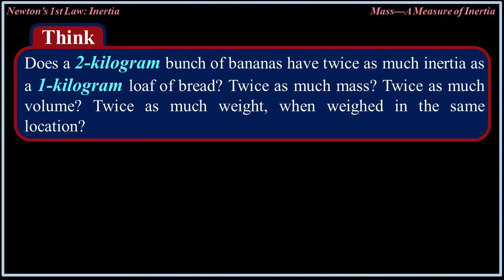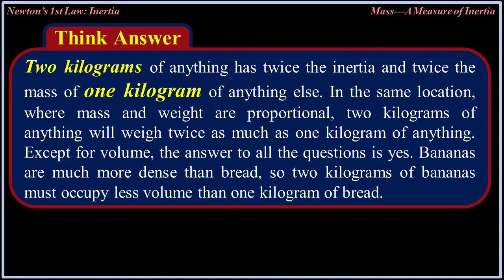Does a 2-kilogram bunch of bananas have twice as much inertia as a 1-kilogram loaf of bread? Twice as much mass, twice as much volume, twice as much weight when weighed in the same location? 2 kilograms of anything has twice the inertia and twice the mass of 1 kilogram of anything else.